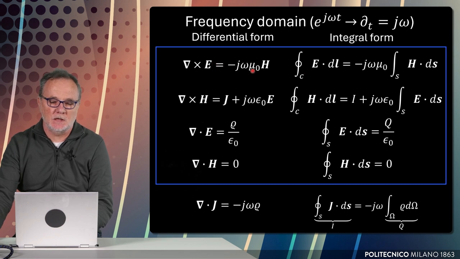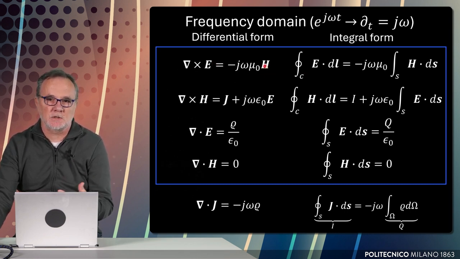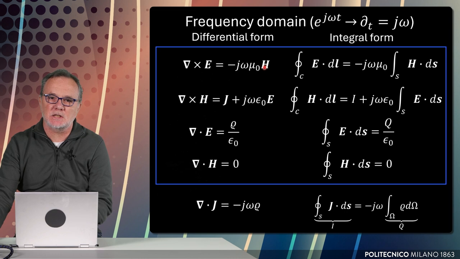This means that E and H are now complex functions of position that represent vector phasors, in which there is no longer a time dependency. There is a space dependency, but not a time dependency, because we know that the time dependency is sinusoidal at angular frequency omega.